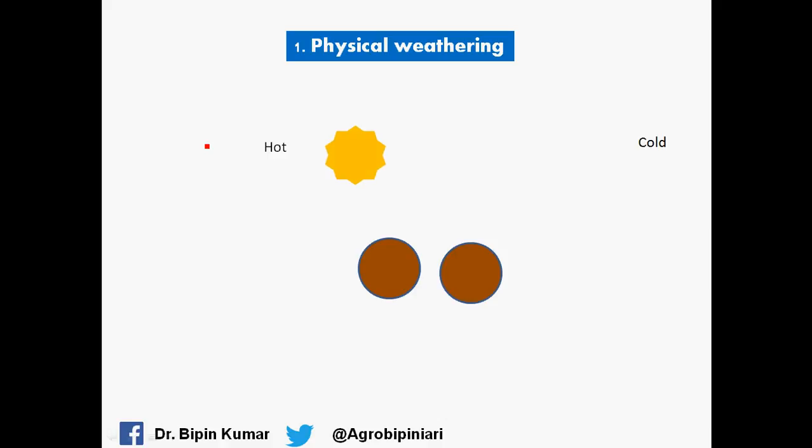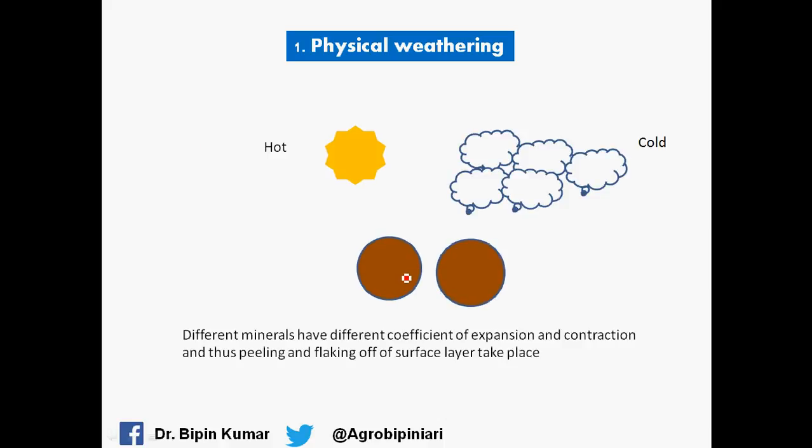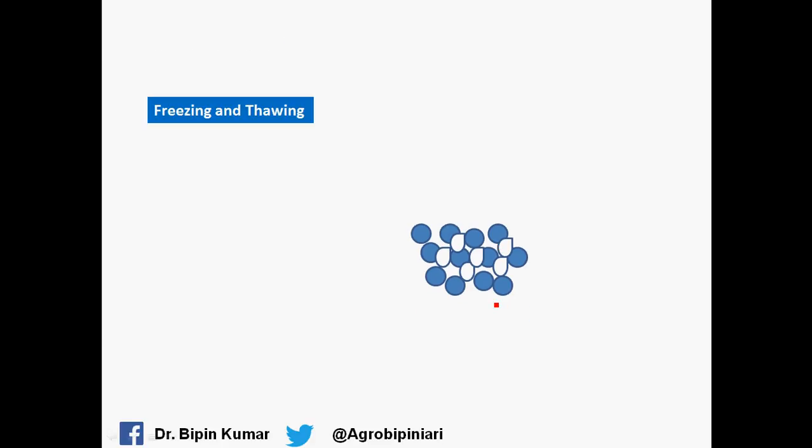In hot and cool conditions, different materials, suppose these two, have different coefficients of expansion and contraction, and that's why peeling of the outer layer of these two materials will happen on the basis of their differences in expansion and contraction. So this will lead to breakdown or peeling off of the outer layer, and in this way the rocks will be weathered.